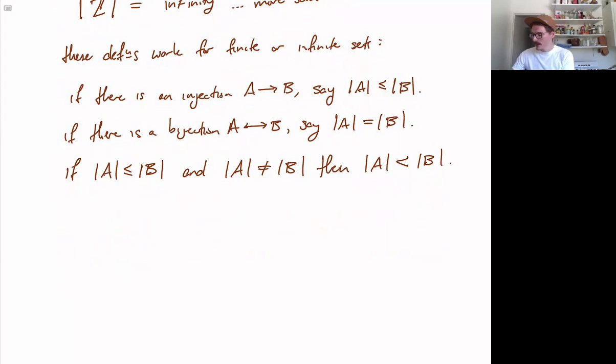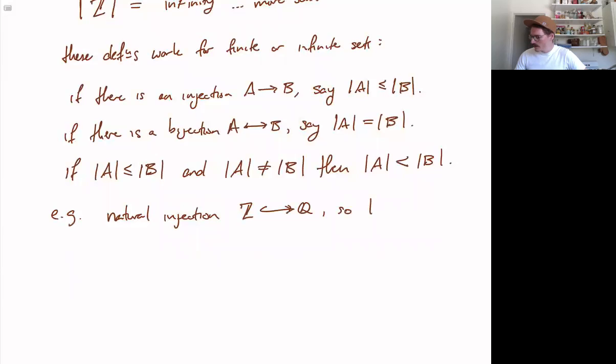So let's see some examples with infinite sets now. We have a natural injection from the integers to the rational numbers, basically because it's a subset. This is just sending n to itself, but considered now as a rational number.